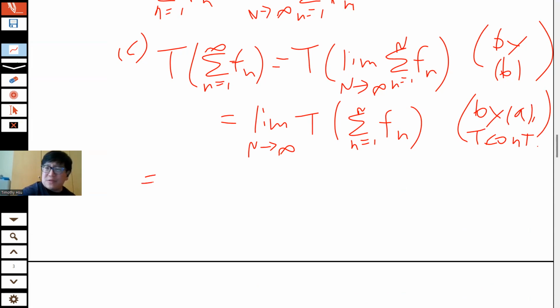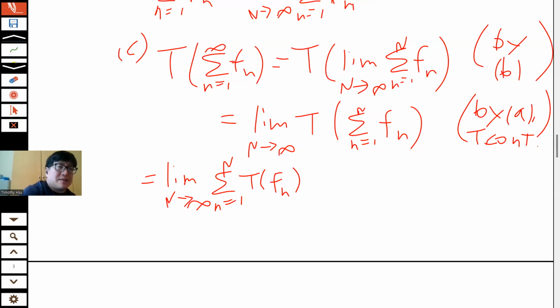And that's equal to, I'm going to run out of space, the limit as capital N goes to infinity of the sum as little n goes from 1 to capital N of T of F sub n. And that holds because T is linear, which is one of the assumptions. You have to assume linearity to make that work.